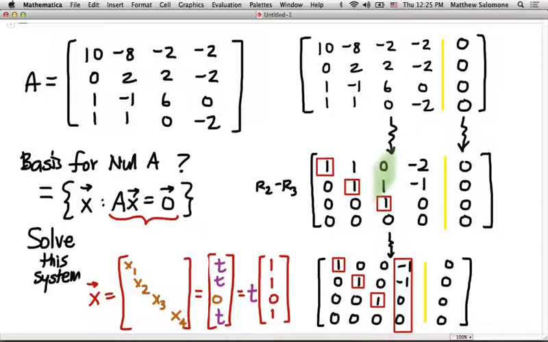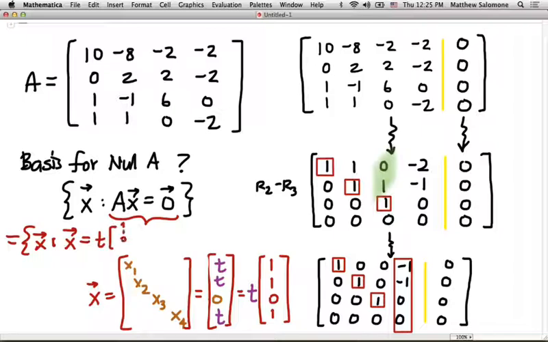So what we're saying is that the null space of A, in other words, the solutions to Ax equals 0, consists of exactly those vectors x such that x is equal to t times 1, 1, 0, 1.